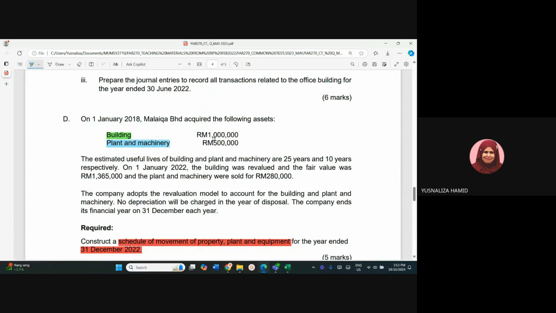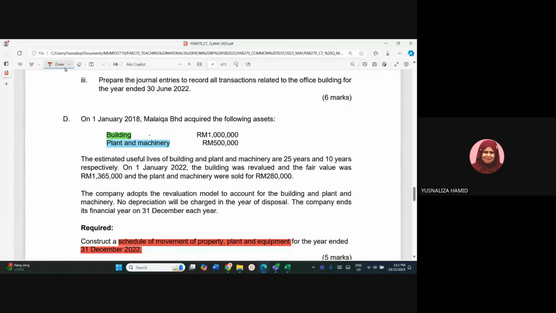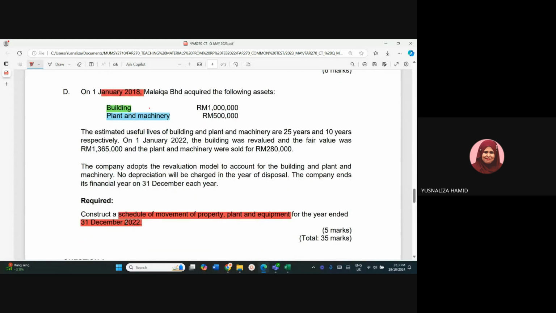This 1 million and 500,000 is the cost as at 1st of January 2018. 1st of January 2018 is the date that the asset was purchased, and you have been informed the cost is this much. But this is not the year that you are concerned with. The year that you are concerned with is after several years, which is 31st December 2022.